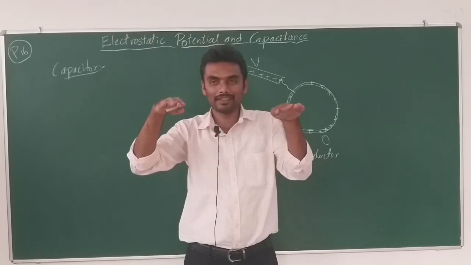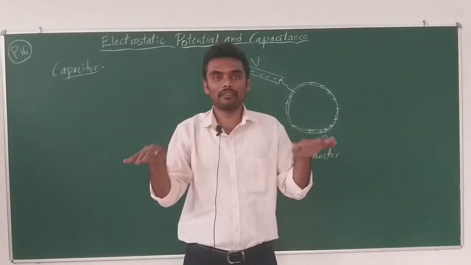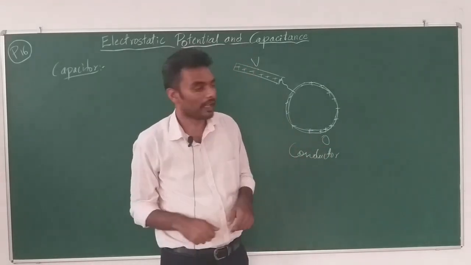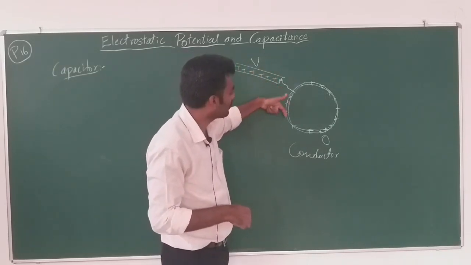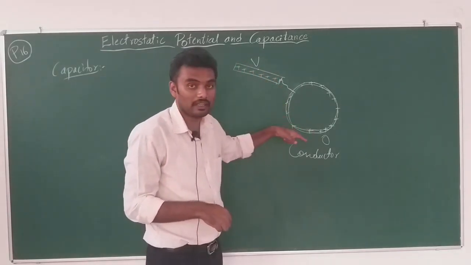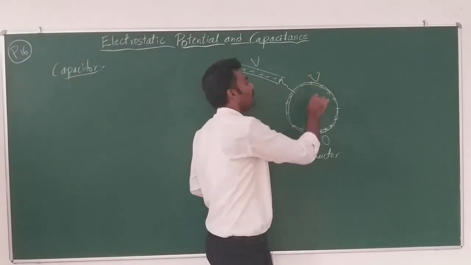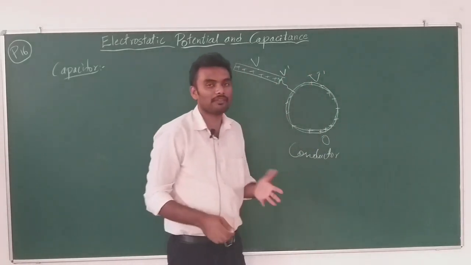This flow will continue till the water levels balance in both the tanks. In the same way, the charges will keep on flowing till both of them develop a new potential, say V dash.